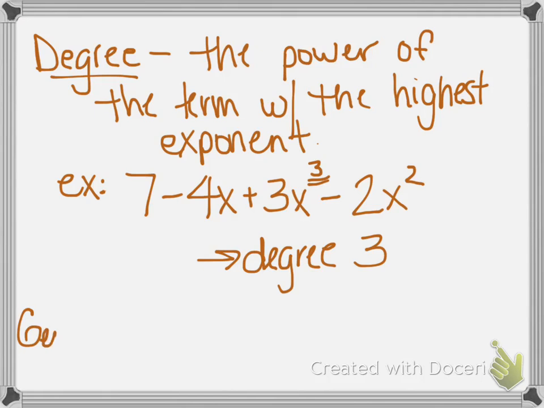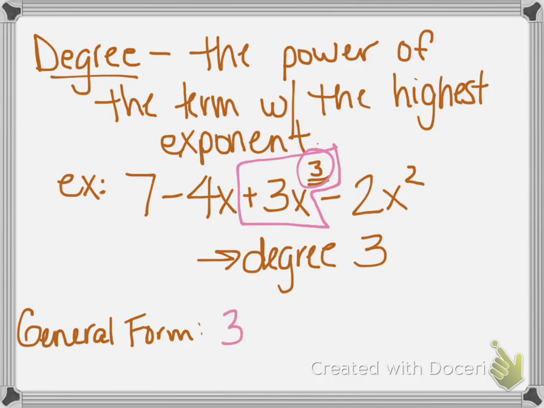So I'm just going to put down here what general form of the above would look like. I would take each term with the sign in front of the term. My highest degree here is degree 3, so I'm going to take this whole term, and that would go first. So 3x to the third. I didn't put the plus because it's positive, and obviously if you don't write it, it's positive. Then I look for my next degree.